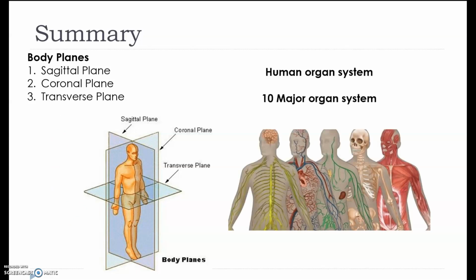And we also talked about the human organ systems. We have 10 major organ systems. These are the organs that are very important in our body. They help each other to work together for our body to function well. On our next meeting, we will talk about the first organ system, which is the digestive system.